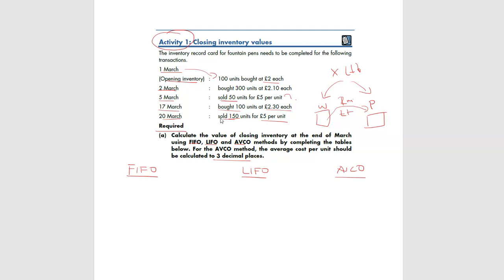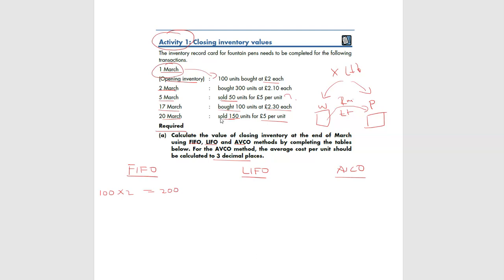So at the beginning we have 100 units as the opening inventory. On 1st of March we have 100 units and each unit is £2, so the total value is 200. That's my value for the opening inventory.